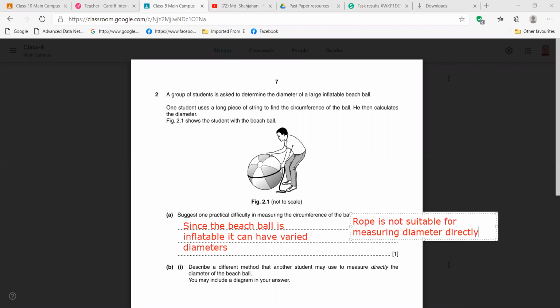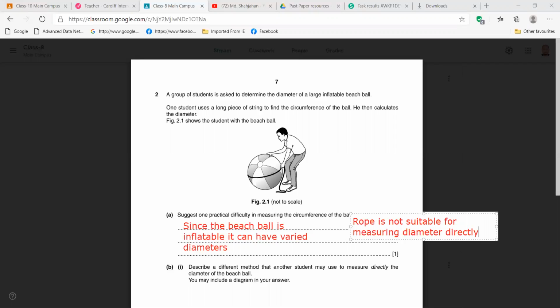Directly it is not suitable, but if you use a measuring tape or any ruler, that is suitable. So how can we use a ruler?